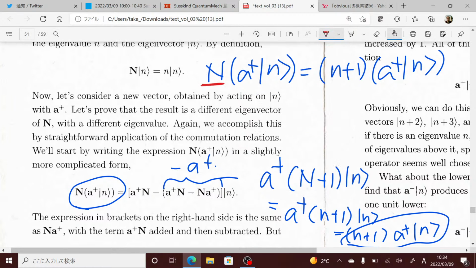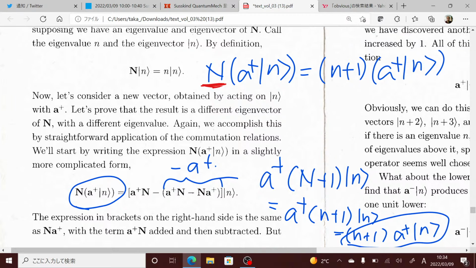This is the operator and state vector. This is the eigenvalue and state vector, actually eigenvector. So the eigenvalue for large N is small n plus 1, and the eigenvector for this equation is a plus applied on ket of small n.